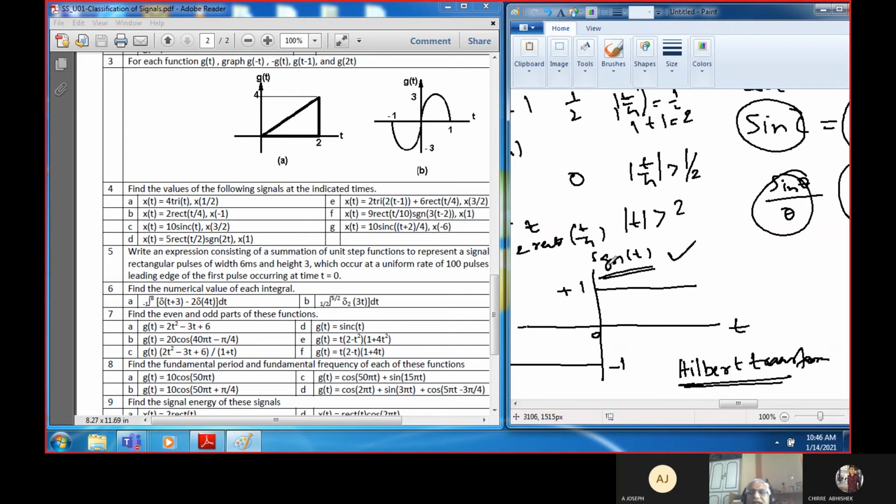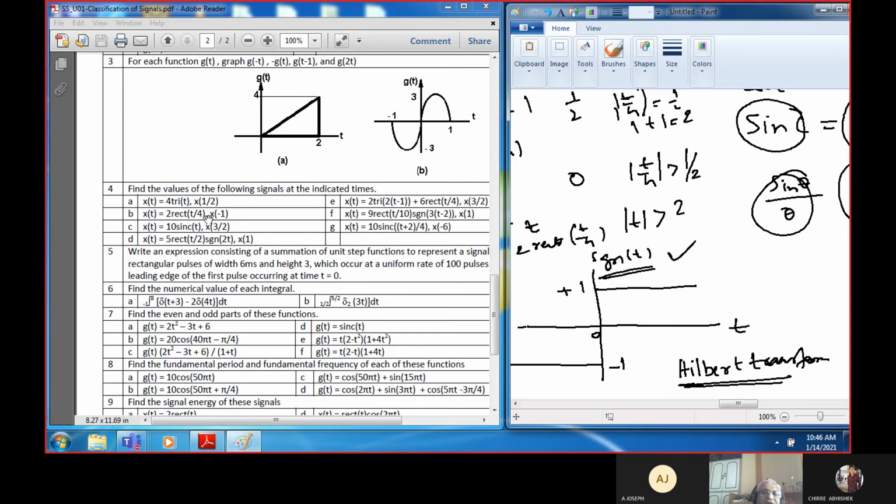So let us now look at whether we know all the special functions or not. What are the special functions? Trigonometric function, rectangular function, sinc function, signum function. Okay, what else is there? Nothing else is there. Only the combination of all these things is there.